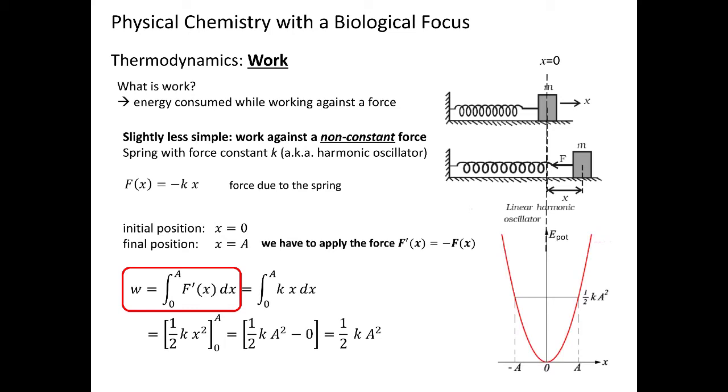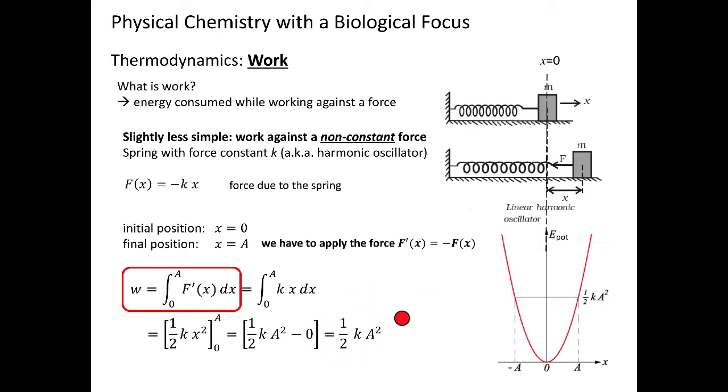If we look at the potential energy of this system, if you know something about harmonic oscillators and springs, you might have seen this before, the potential energy of this system is described by this parabola. And the parabola is essentially 1/2 kx squared. If we look at the positions minus A and plus A, so this is essentially where we pulled our particle to, or pushed it to, that's also possible, then the potential energy of the system will be 1/2 ka squared, exactly as we calculated it here.